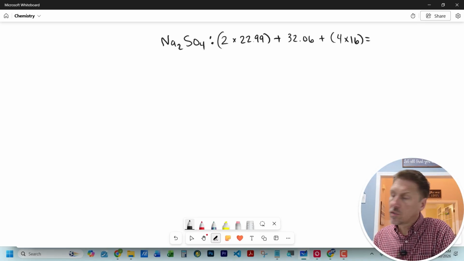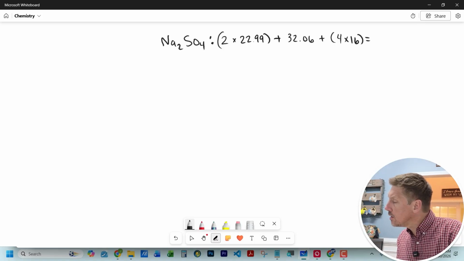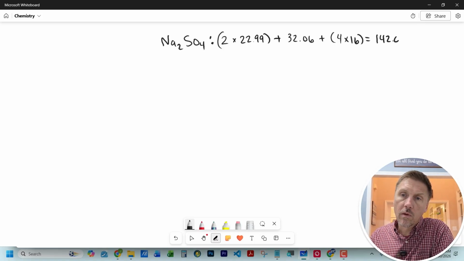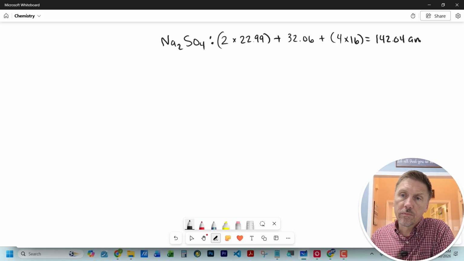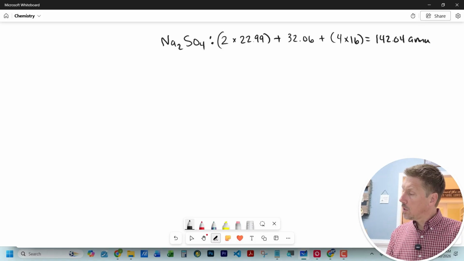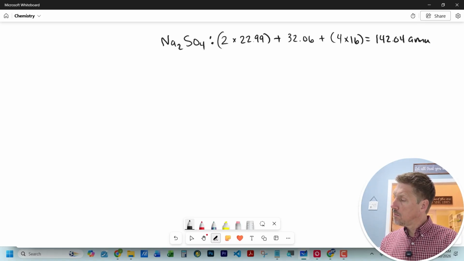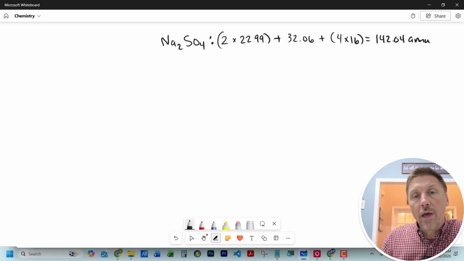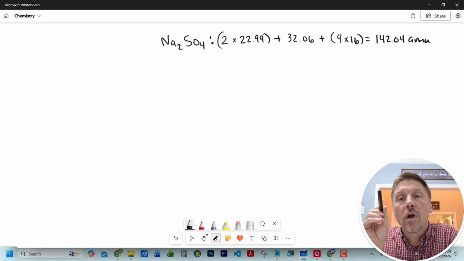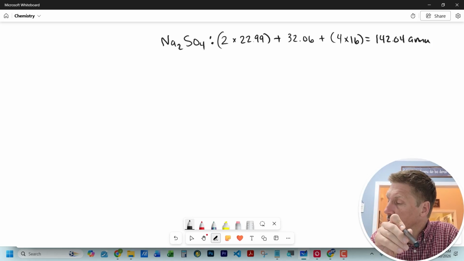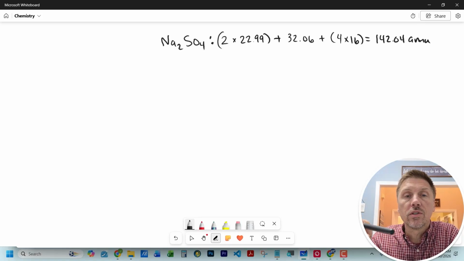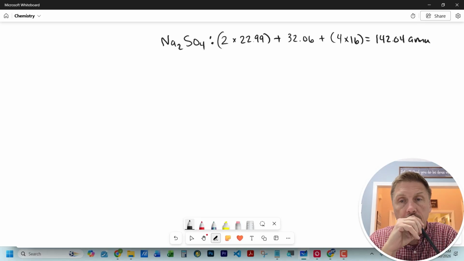And so that's going to give us a total atomic mass of 142.04 AMU. Actually, we don't even need to worry about moles for this one, because this problem gives us the empirical formula and asks us what's the percentage of each substance that's in here, right?